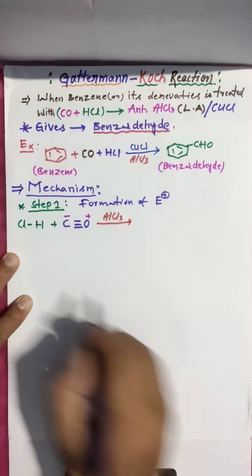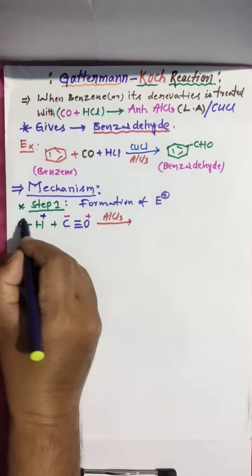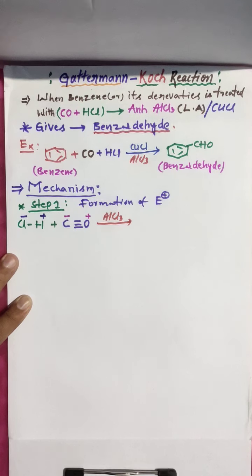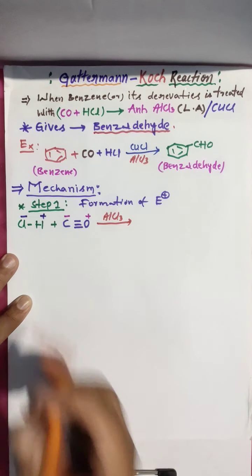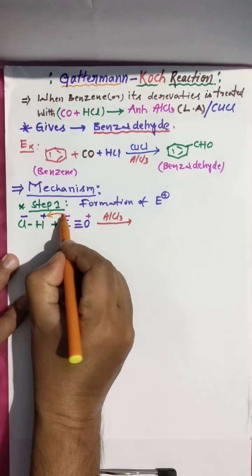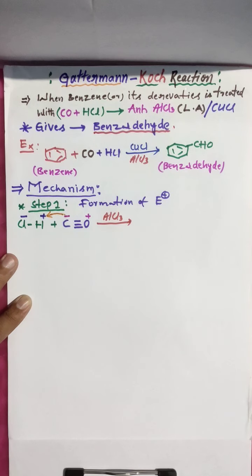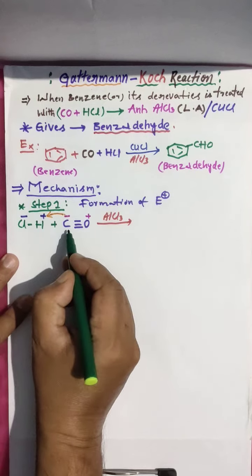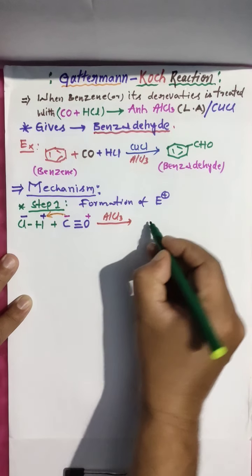A Lewis base can accept a proton or donate a lone pair. So it will donate a lone pair to H plus. Lone pair donation or acceptance of H plus is called Lewis base.